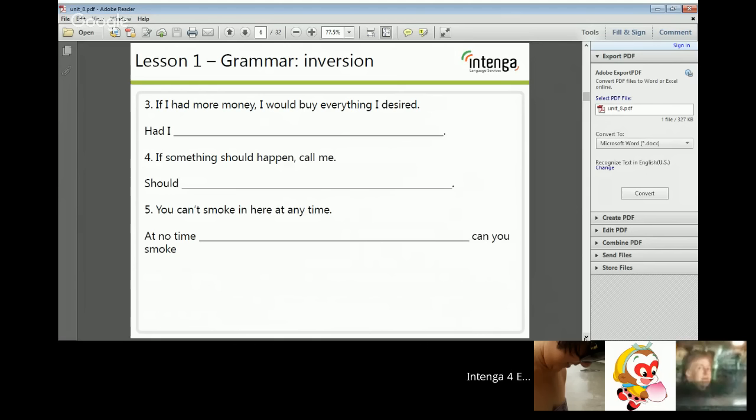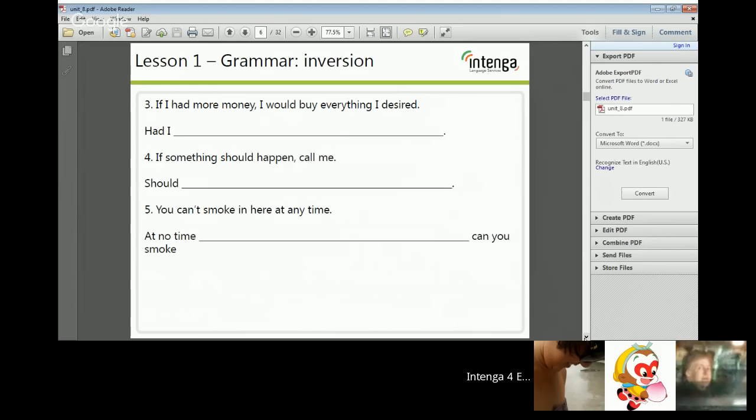And 5 says, sorry, you can't smoke in here at any time. What about the next sentence? At no time in here can you smoke.